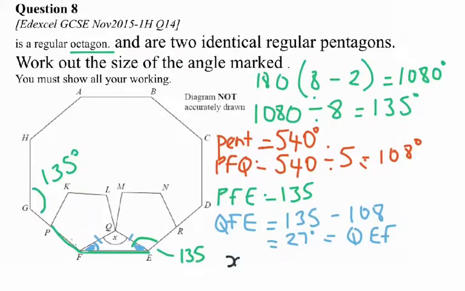So X is going to be 180 degrees because it's angles in a triangle, minus QFE, which is 27, and minus QEF, which is also 27. So I'm going to be doing 180 take away 54. And I should therefore get an answer of 126 degrees.